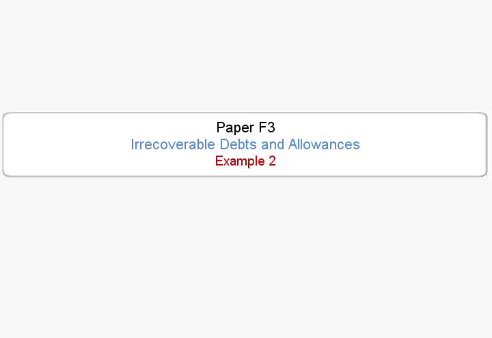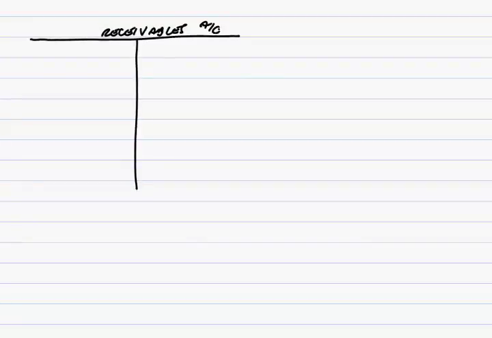So, we're going to do the T accounts and sort out how we end up with the correct figures in the financial statements. So first of all, let's open up an account for receivables. And at the end of the year, it says the balance was 82,000.